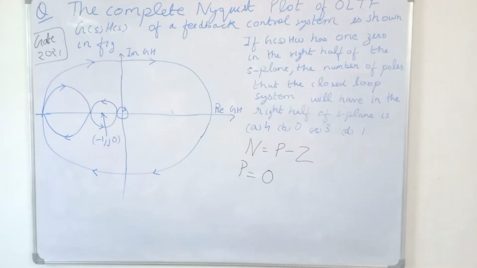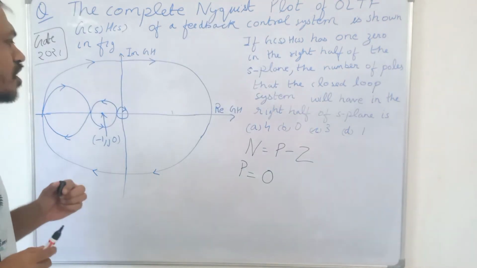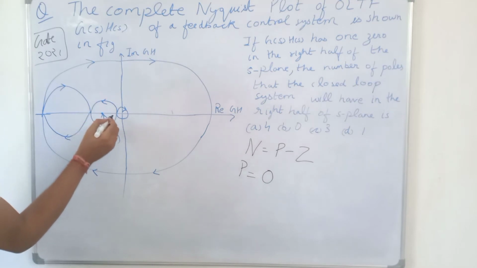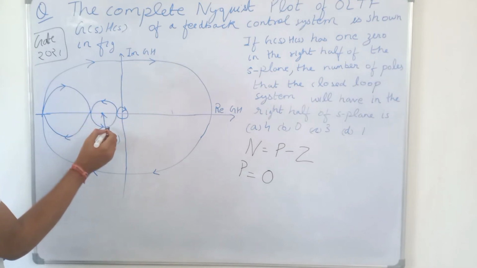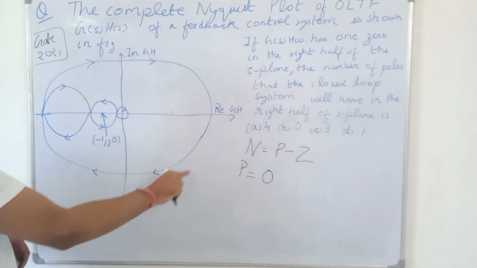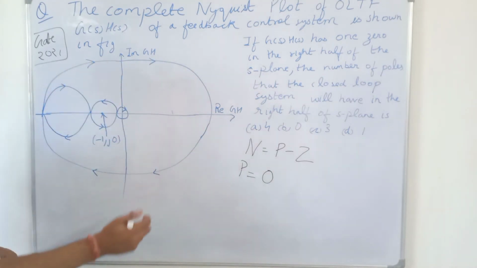Now N is the number of encirclements in the anti-clockwise direction. There is one encirclement in the anti-clockwise direction of the critical point, and this bigger circle is the encirclement in the clockwise direction.